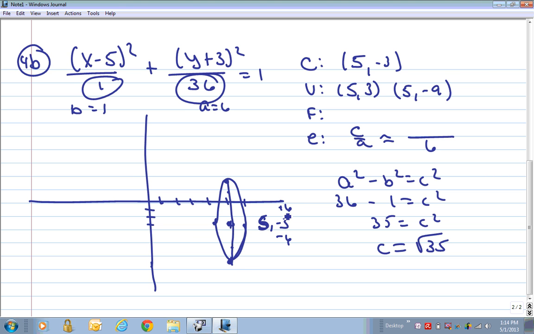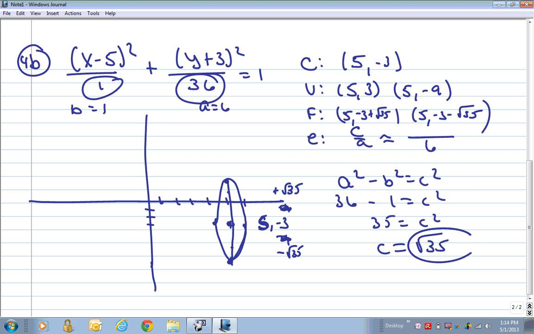And so we're going to add the square root of 35, and we're going to subtract the square root of 35. So our foci are at (5, -3 plus the square root of 35) and (5, -3 minus the square root of 35). And there you go. And C is the square root of 35.